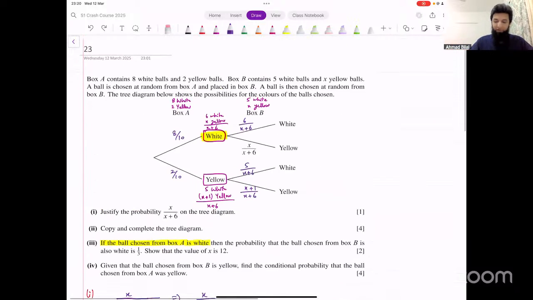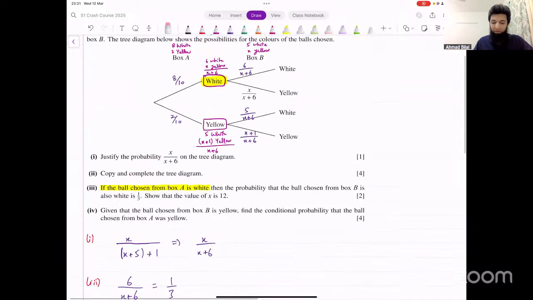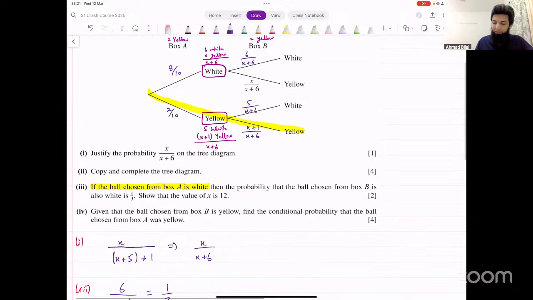Let's look at the tree diagram. Yellow and yellow, from box A and from box B, right? Let's look at this probability first. What path do we have to follow on this diagram? Yellow, yellow. What is this probability? It's 2 over 10 times x plus 1 over x plus 6. Now we already know the value for x, right? We can input that value of x.